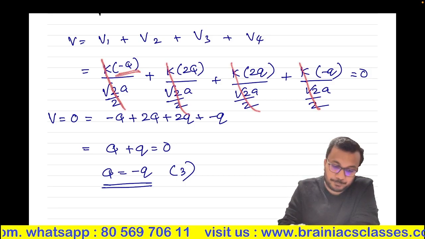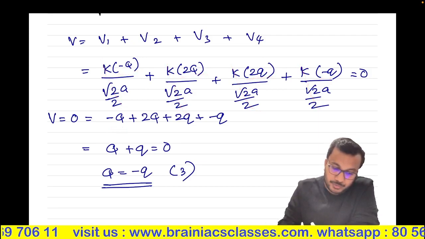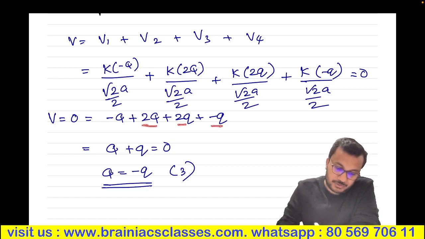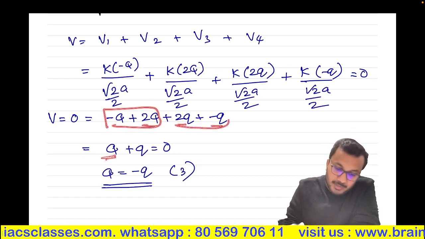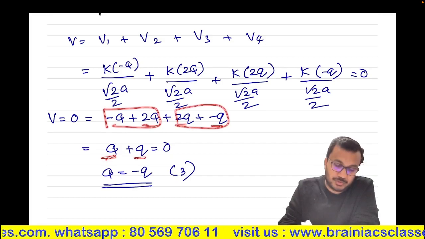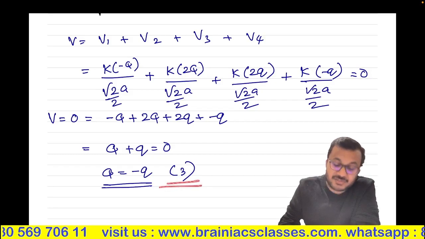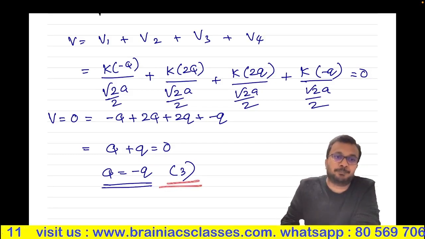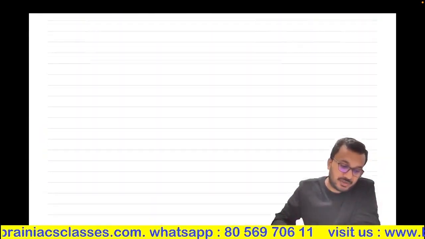Here minus Q, 2q, plus 2q, minus q. So 2q minus q becomes q, 2q minus q is plus q. So capital Q equal to minus small q, which is matching with option number 3. Capital Q equal to minus small q, option number 3.